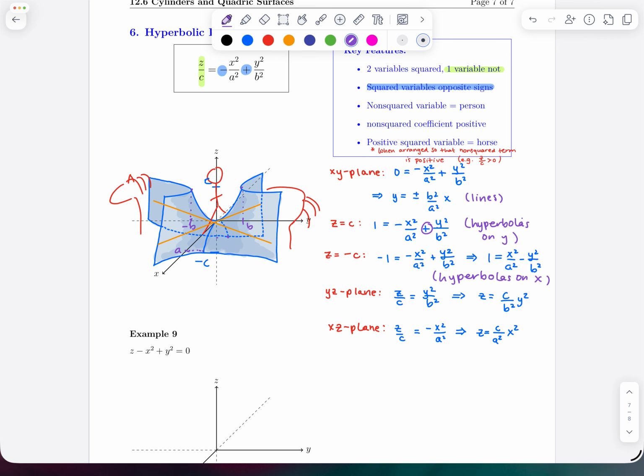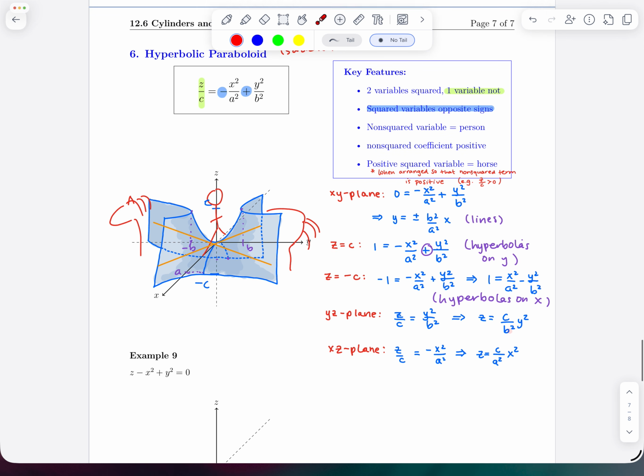Now, when I look at the YZ plane, this is when x is 0, and when x is 0, this squared term goes away, and I'm left with something that when I rearrange is a parabola equation, because I have my non-squared variable on one side equal to something squared. So the sign of this coefficient is going to determine whether I'm opening up or opening down.